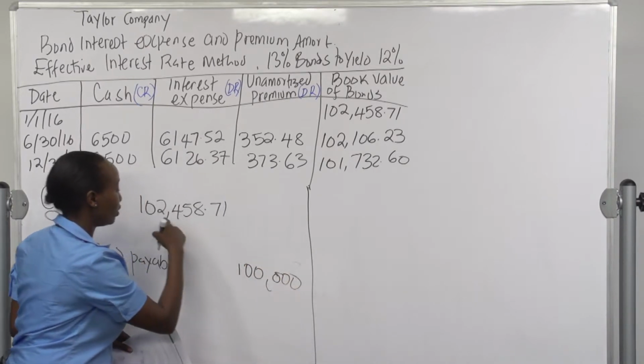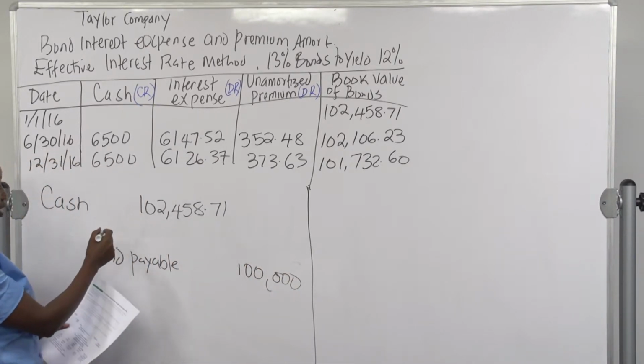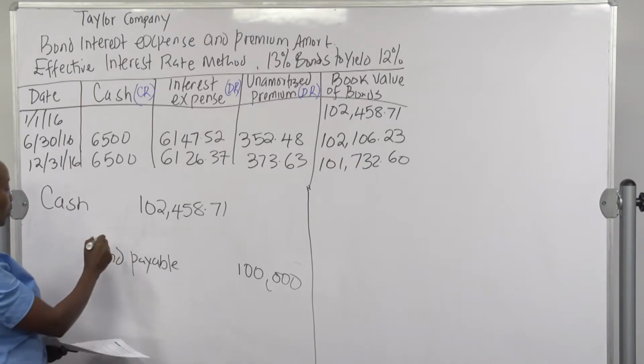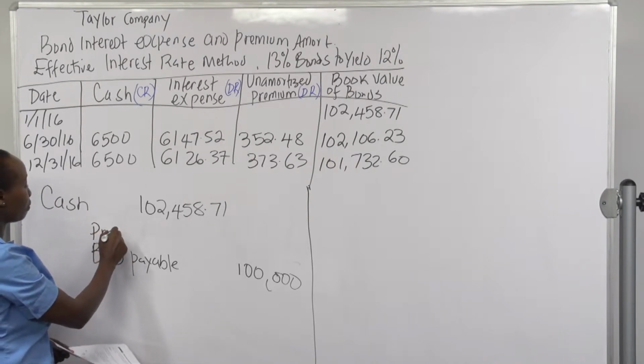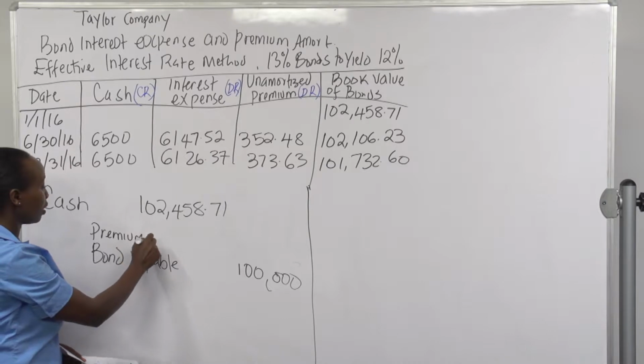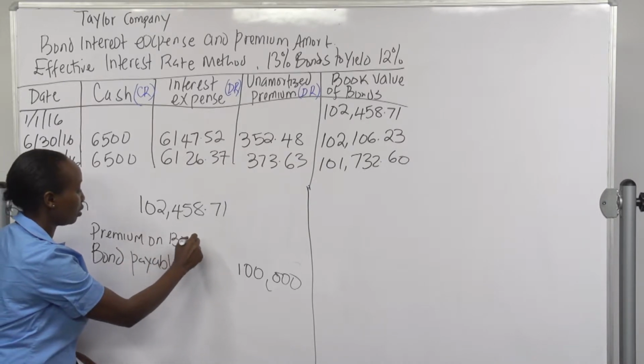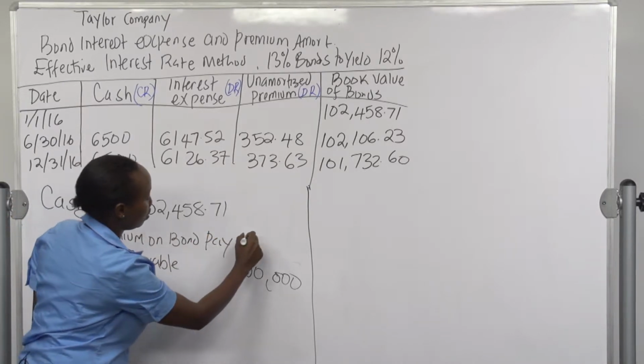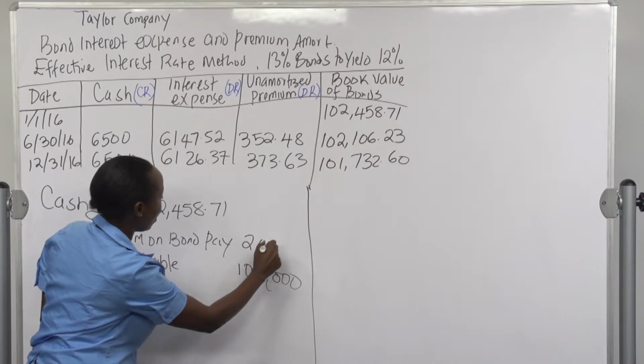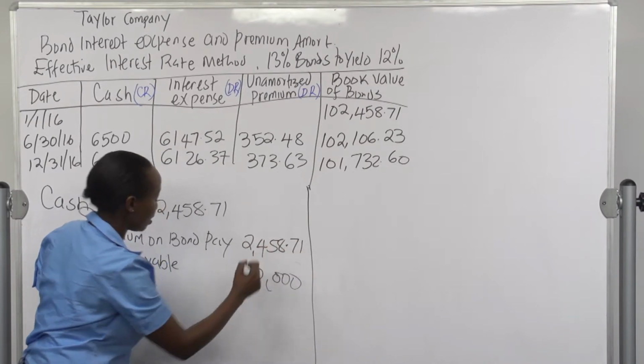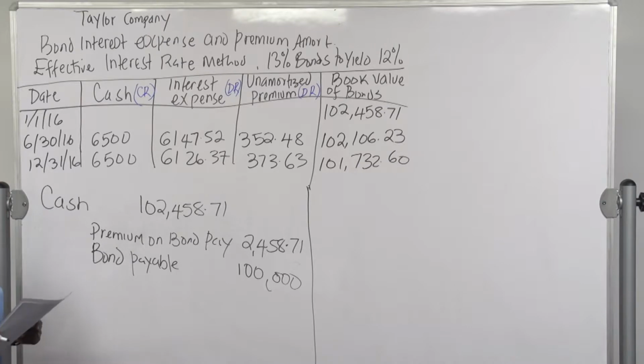The rest of the difference, 2,458.71, is our premium on bond payable.